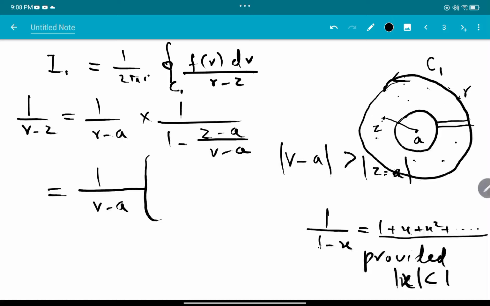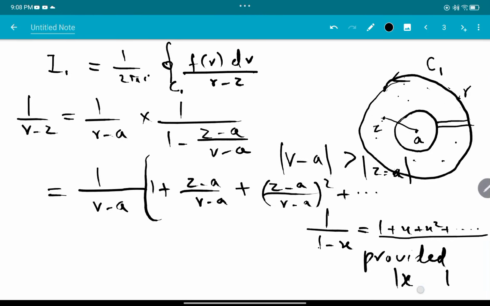So we have 1 plus, first term is 1 plus x, that means z minus a divided by gamma minus a. Second term is the square, z minus a divided by gamma minus a whole square, plus and so on. Having done this, I will write it as it is, 1 by gamma minus a, and then write this as a series.